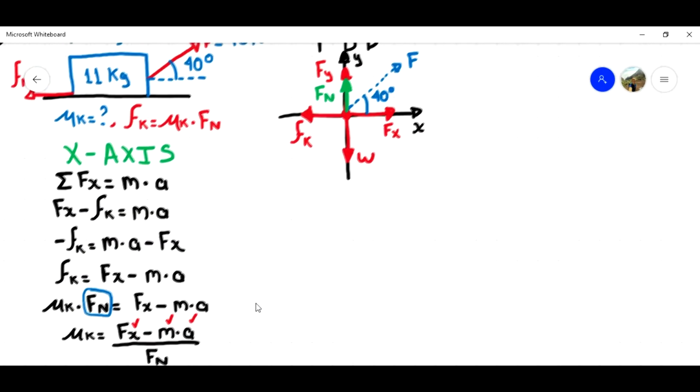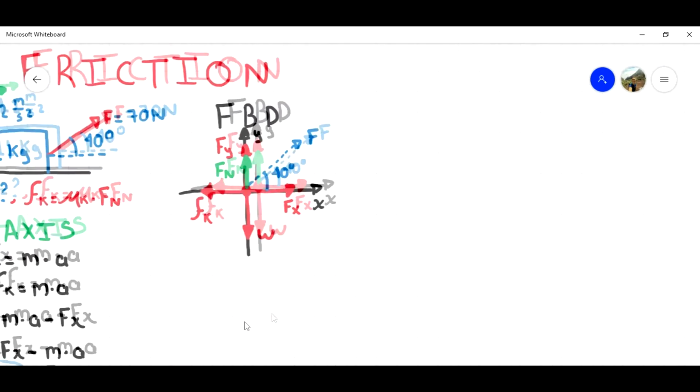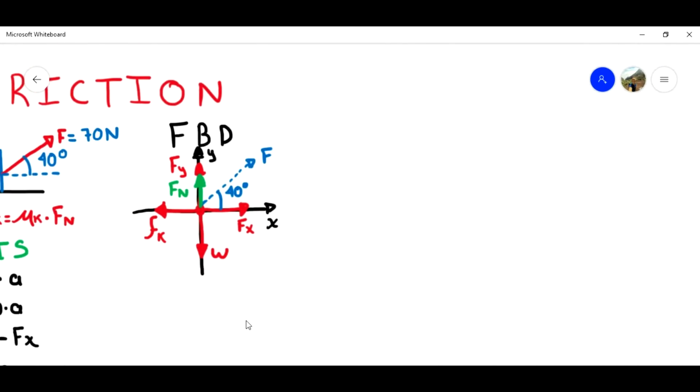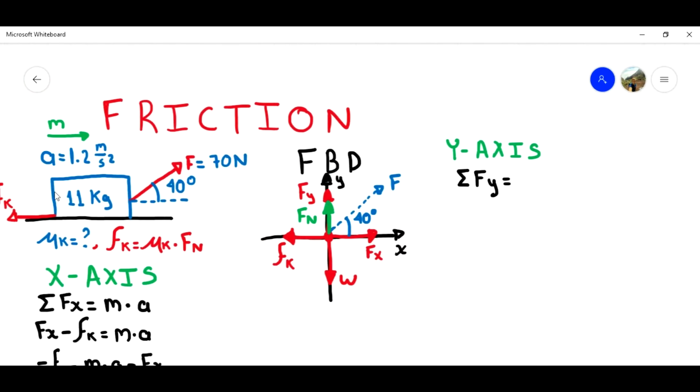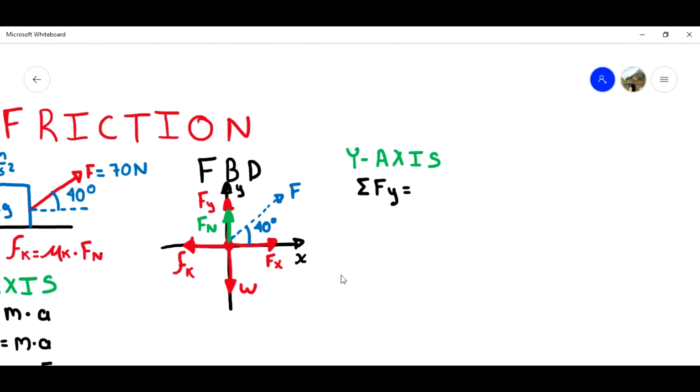So let's do it. Okay, so I'm gonna do it over here. So y-axis. So let's begin. The sum of all forces in y equals how much? Well, in this case, the object is not going to move on the y-axis, so it's going to be equal to 0.